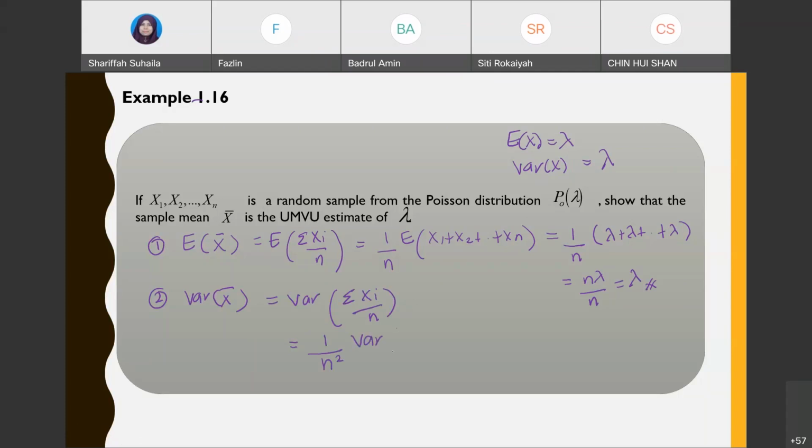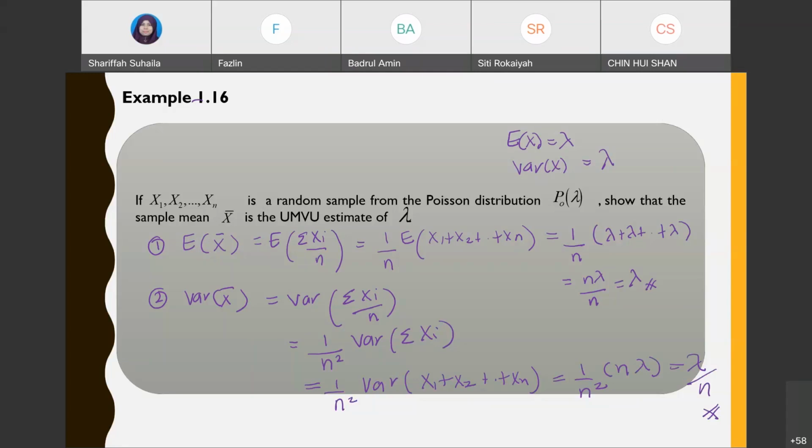So variance summation xi, same thing. Kita dah ada x1, xn. So setiap benda tu kita ada variance x dia lambda. So kamu akan ada n lambda. So you will have lambda over n. Saya cancel out n, you will get lambda over n. So sekarang ni kita dah ada variance X bar equals to lambda over n.